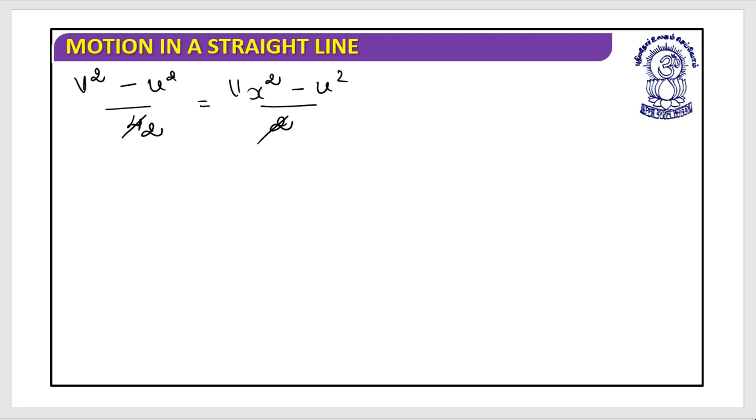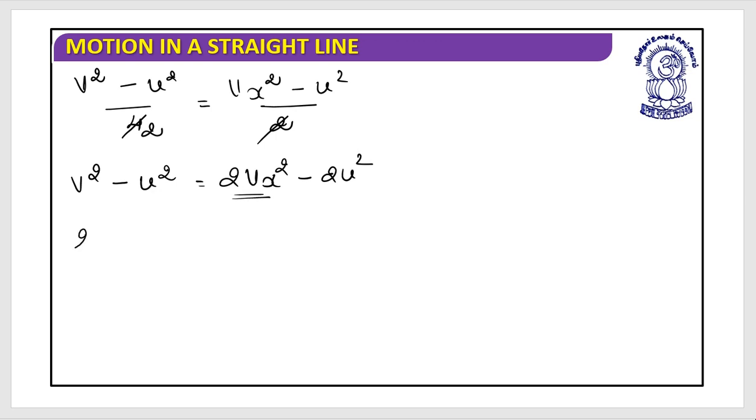So v square minus u square should be equal to 2 into Vx square minus 2 into u square.